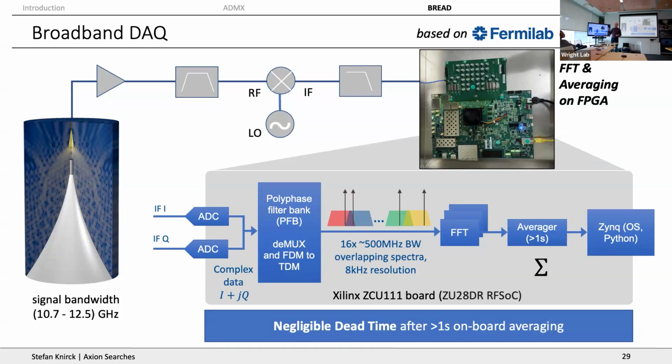And all you save is an average power spectrum roughly every second. All the transient effects of axions or dark photons that we're interested in would typically happen at longer timescales than that. So 1 second is very reasonable, and that is enough to reduce your data throughput by a factor of 10,000 and makes it very reasonable to handle with just a standard computer and relatively low cost. So we have a negligible dead time, even though we are acquiring a 2 gigahertz instantaneous bandwidth.